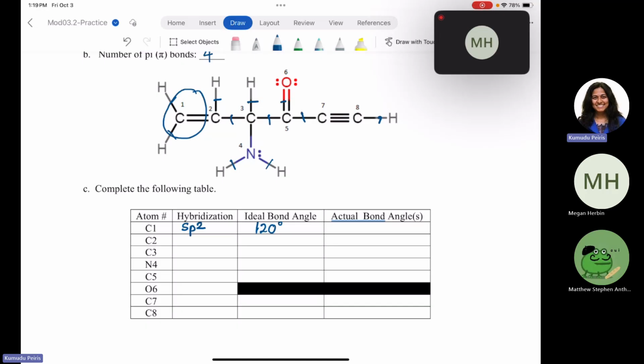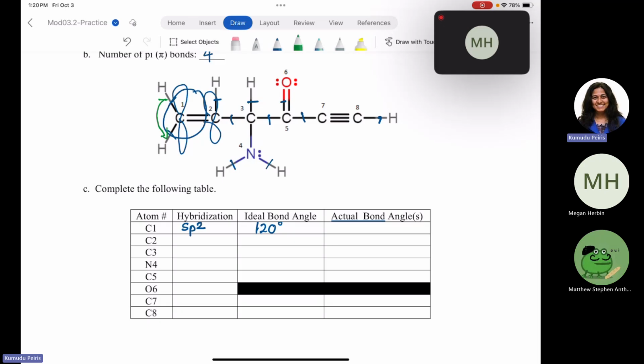That's why it said ideal. In an actual molecule, this bond angle would be slightly different. So the actual bond angle would be less than that. Look at the hydrogen and hydrogen. When there is a pi bond, these two hydrogens will tend to stay close to each other.